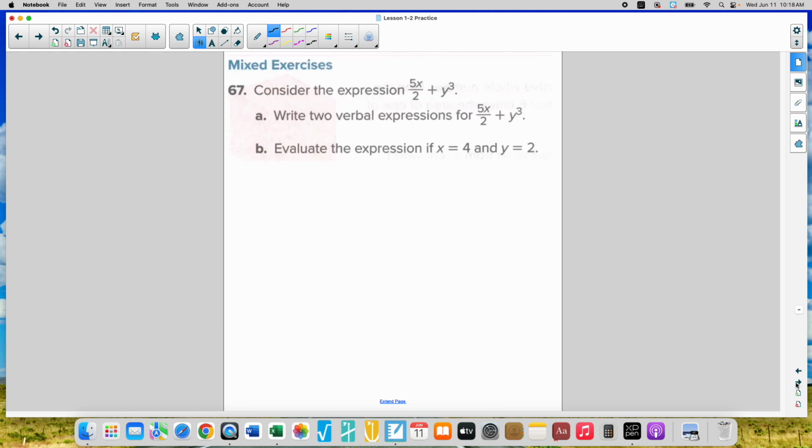I trust my answer. Consider the expression 5x over 2 plus y to the third. Write two verbal expressions for it. Evaluate the expression. Yuck. Okay.